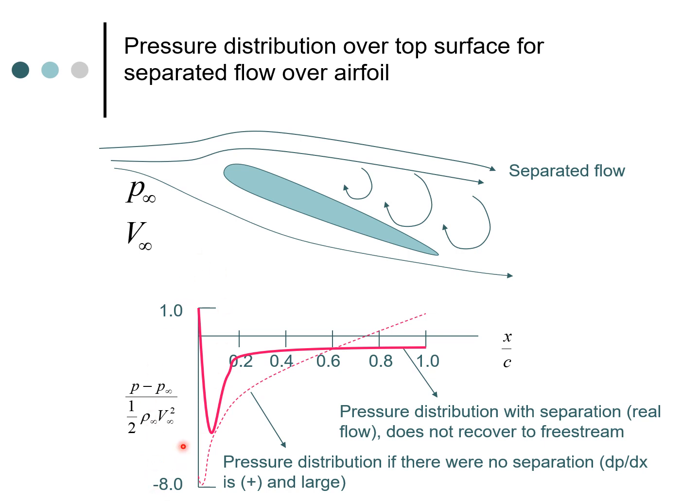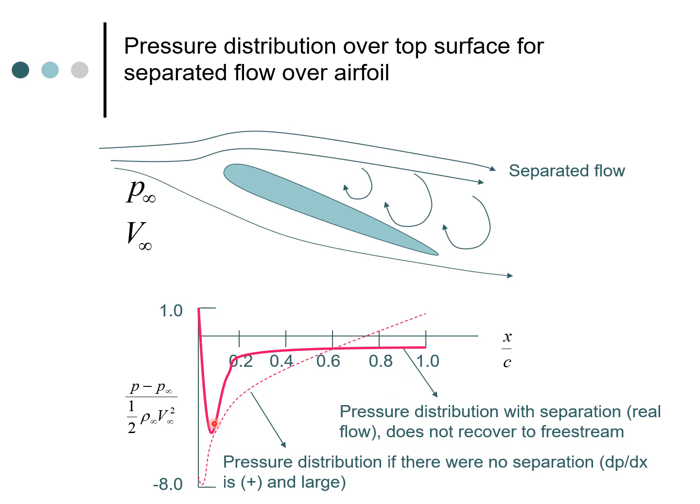If we look at the pressure distribution, we see that if we did not have any flow separation, the dotted line would be the situation here. There would be a large negative pressure here, and then there would be a change here, and you would go to some point here which is higher than the 0 point.